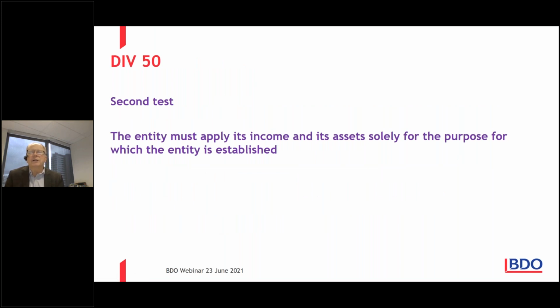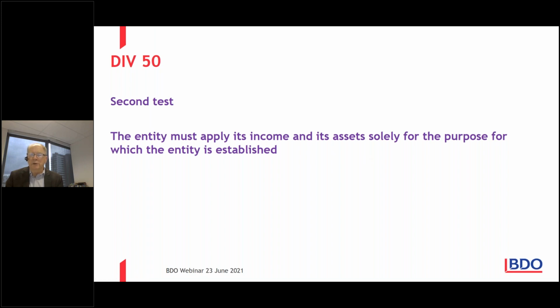So the second test is that it must apply its income and its assets. So the income received can only be used in a particular manner, and the assets, the cash at bank, the use of property that it owns. If it owns a house, for example, can only be used for the purpose for which the entity is established.